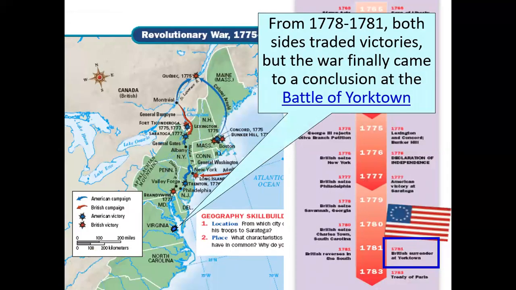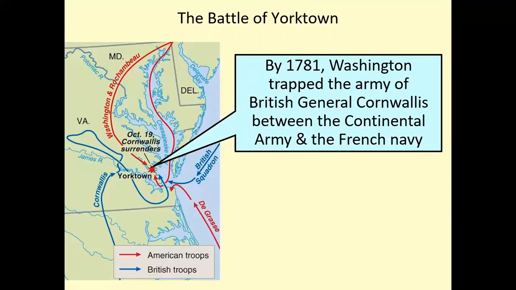All right. Now, over the next 3 years, both sides are going to go back and forth with who's winning victories until we get to the Battle of Yorktown, Virginia. This is the final battle. So, the Americans have trapped British General Cornwallis, one of their top generals, really the top general. It is us and the French trapping him against the sea, against the Chesapeake Bay.